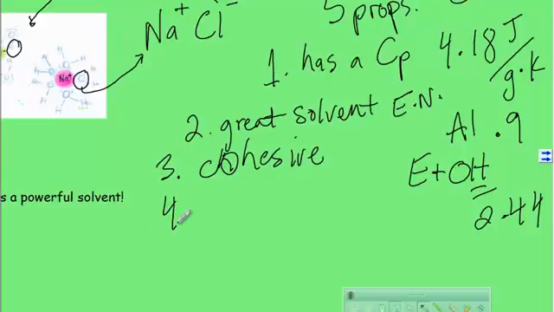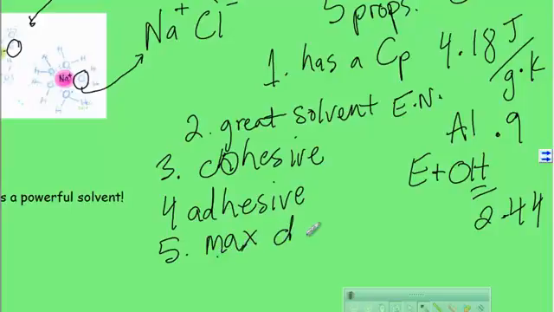It's adhesive, sticking to other stuff, which causes capillary action. And a biggie is its maximum density. Where is that? 4 degrees Celsius. Maximum density at 4 degrees C. We really couldn't have life on Earth if we didn't have that one phenomenon of water, that it's less dense as a solid than it is as a liquid.